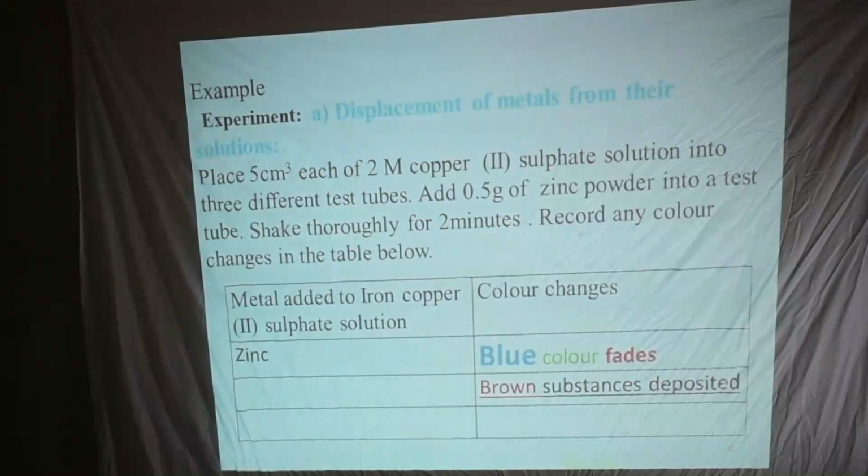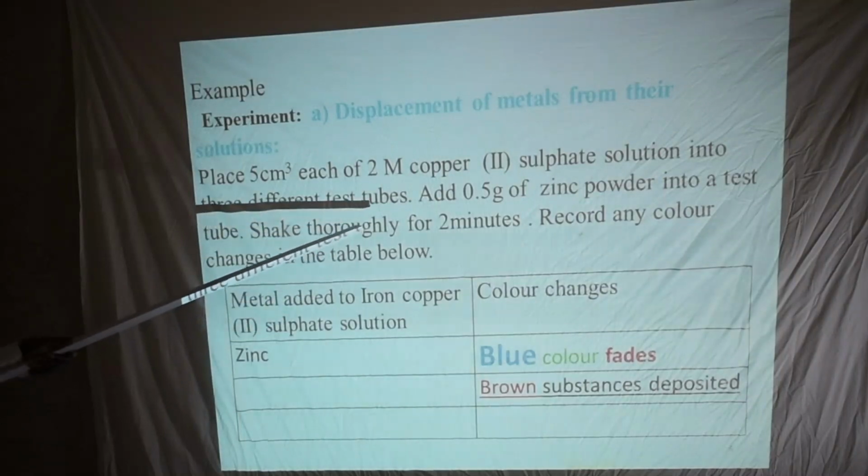So, in this, we are going to see an experiment on displacement of metals from their solution. Now, how are we going to achieve this? First, you measure 5 cubic centimeters of 2 molar copper(II) sulfate solution into 3 different test tubes.